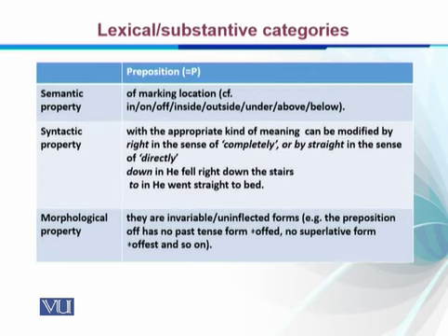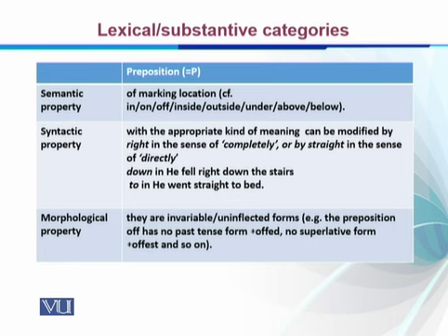The last of the lexical categories is the preposition. The semantic property of a preposition is that it marks location. So in, on, of, inside, outside are all prepositions. Syntactic property: with the appropriate kind of meaning, it can be modified by right in the sentence, giving the meaning of completely.